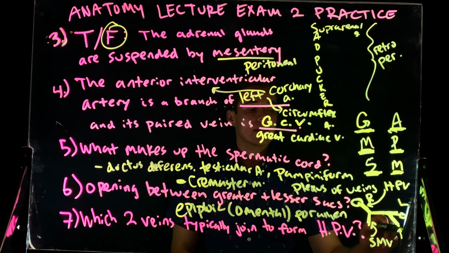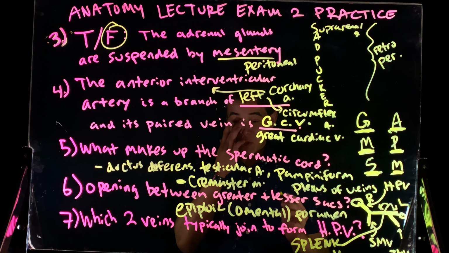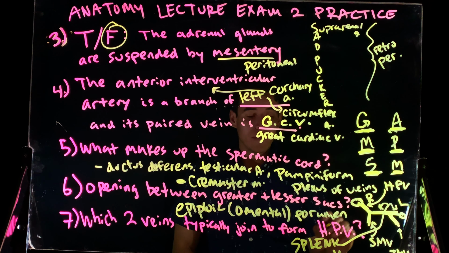This is my inferior mesenteric vein. And then this is my splenic vein. All right, so the two veins that join to form the hepatic portal vein usually are my splenic vein and my superior mesenteric vein. And then those are going to be sent off to the liver, okay?